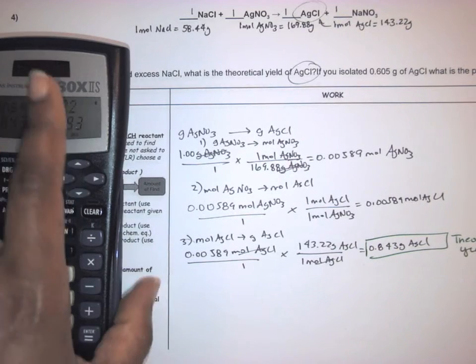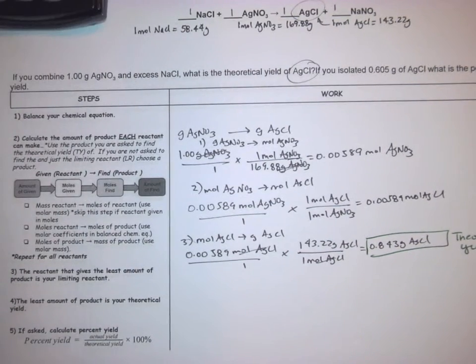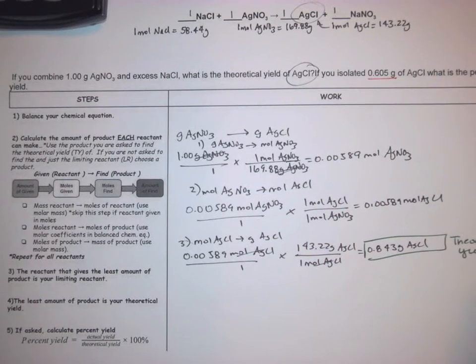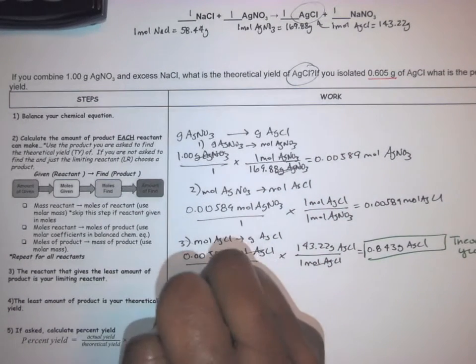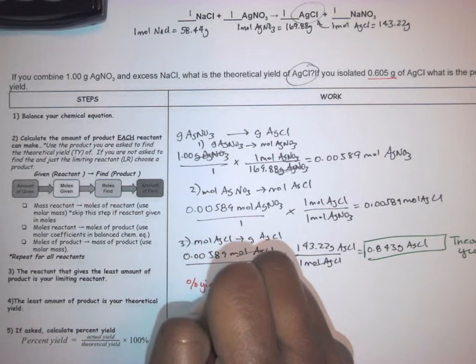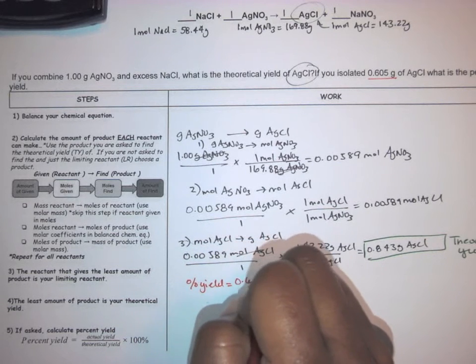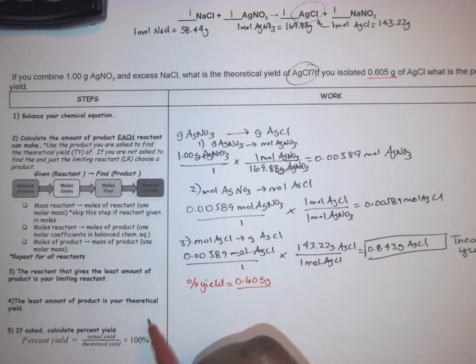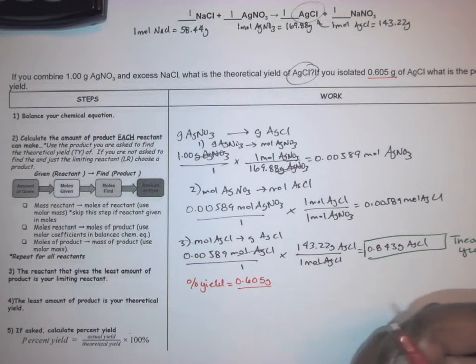Now to do my percent yield, I would take the actual amount that they tell me. They tell me I isolated 0.605 grams, divided by my theoretical, so it's actual divided by theoretical.